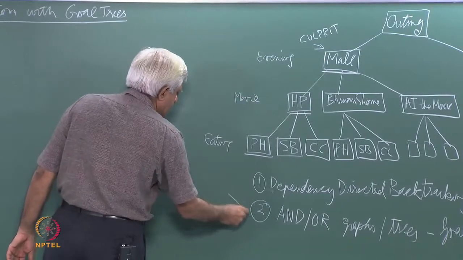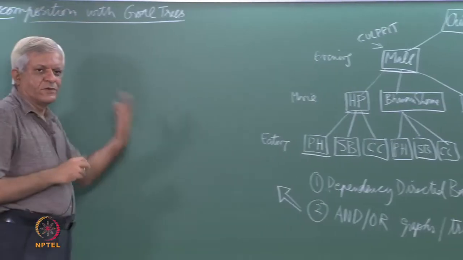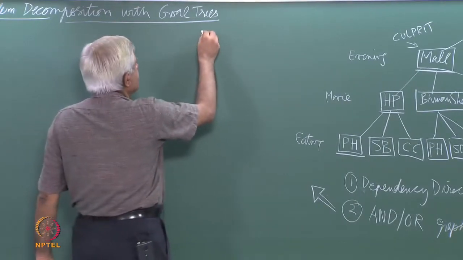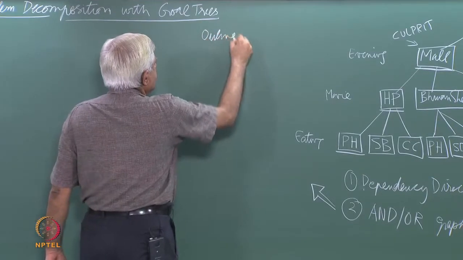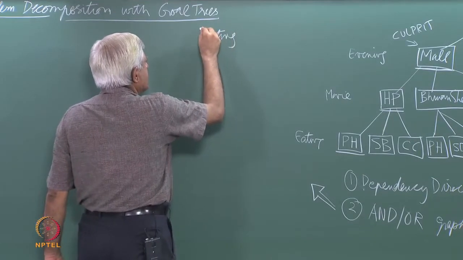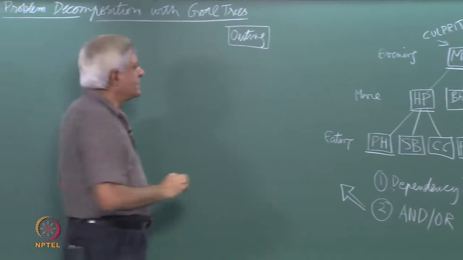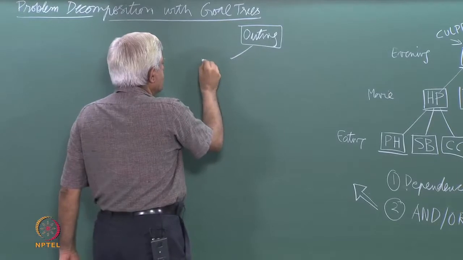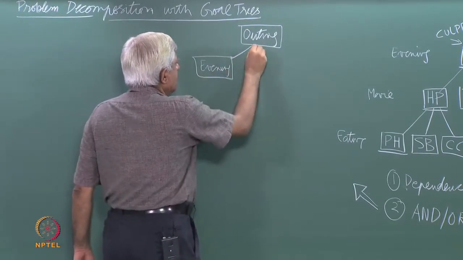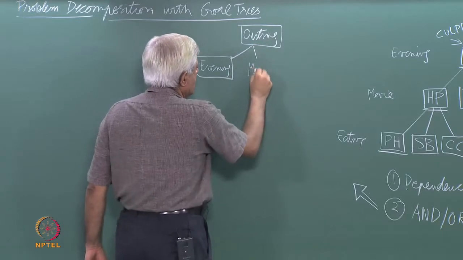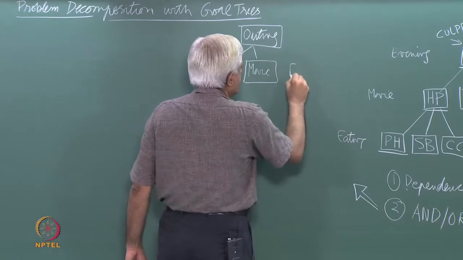So, this approach is to view the problem differently. You have outing as a goal that you are trying to solve, and now you are going to break it up into three separate sub goals. One is evening out or evening plan, then movie, and then eating or dinner.